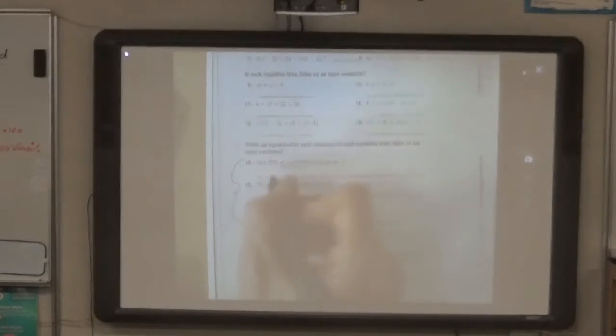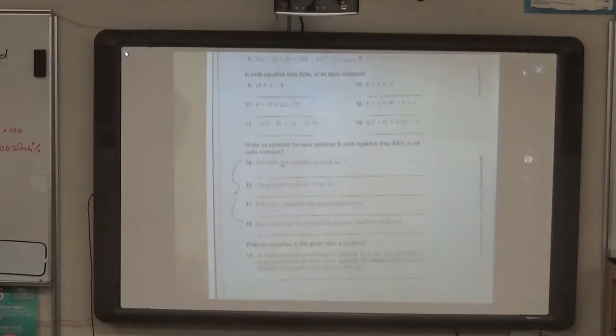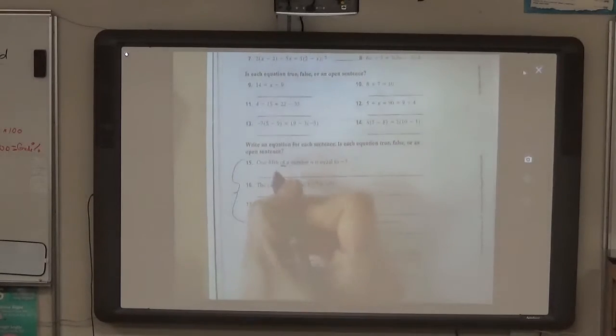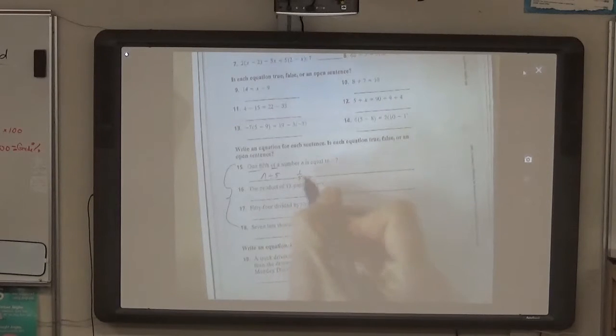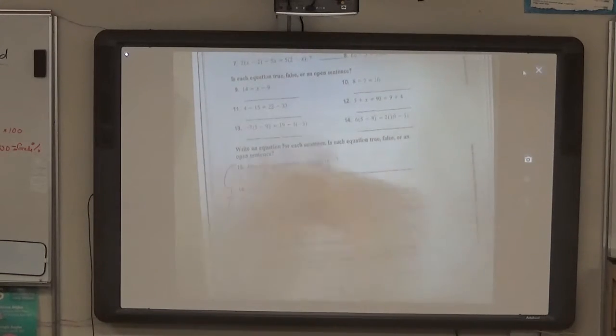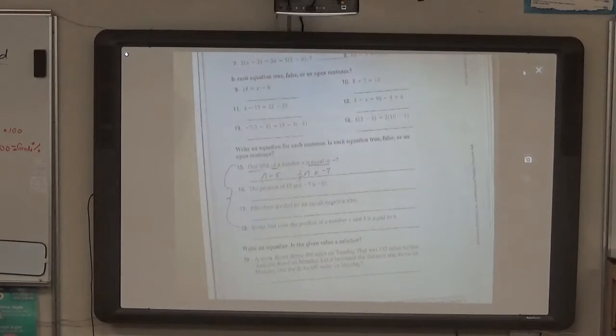It's really multiplication, but multiplication and division are related. So you could do n divided by 5 to get 1/5, Emily, you're right. Or you could do 1/5 times n, and it gives you the same thing. This is 1/5 of n. This also gives you 1/5 of n. And it says is equal to -7.